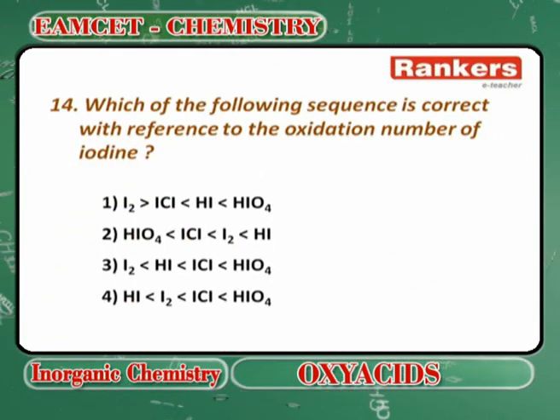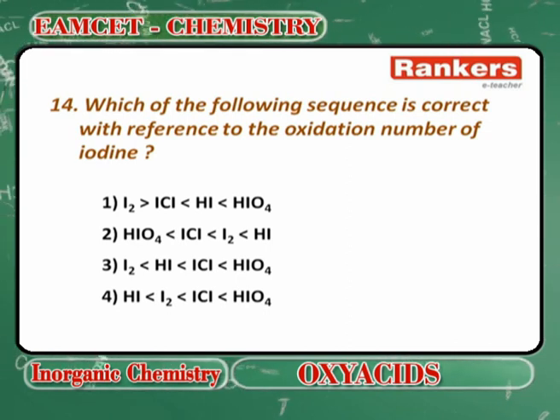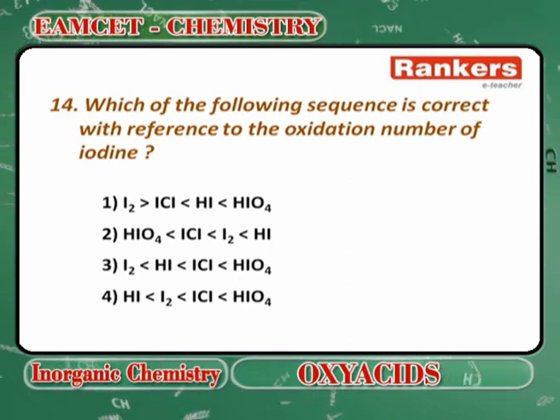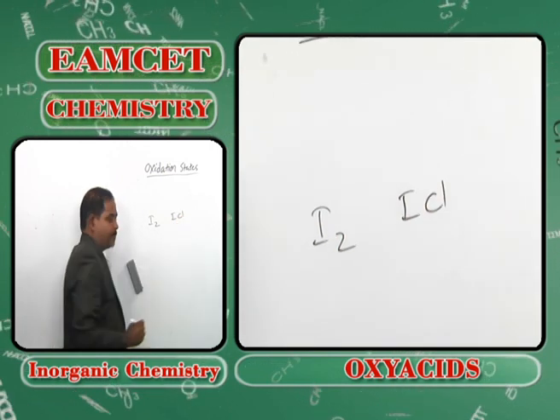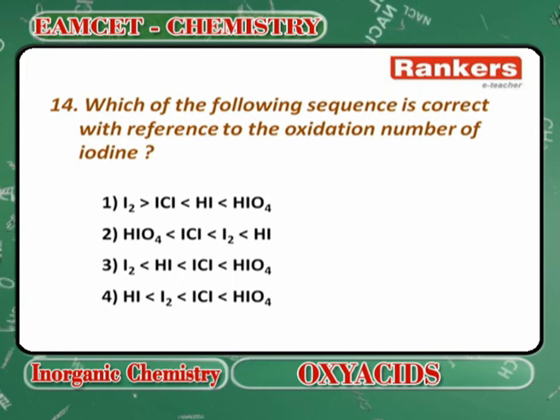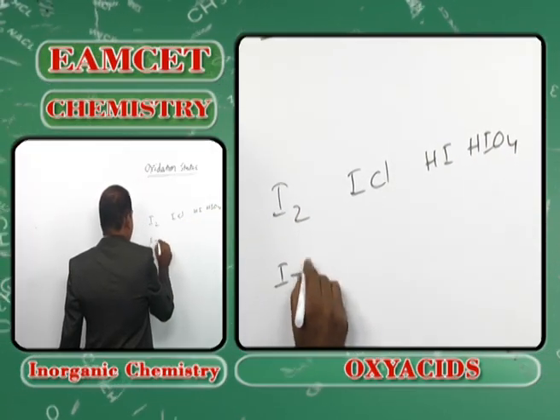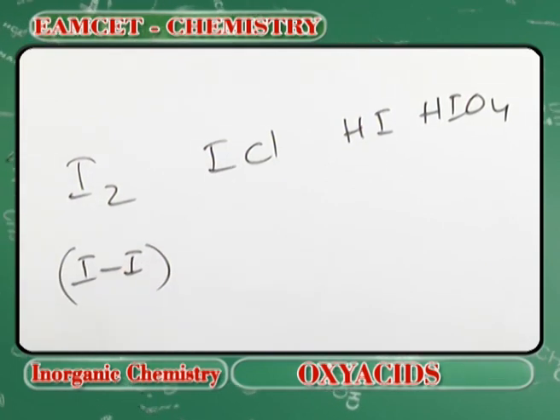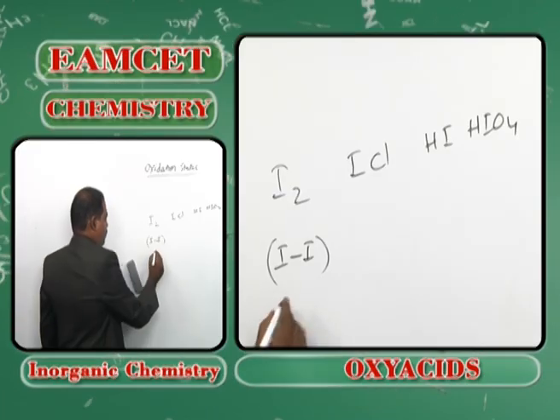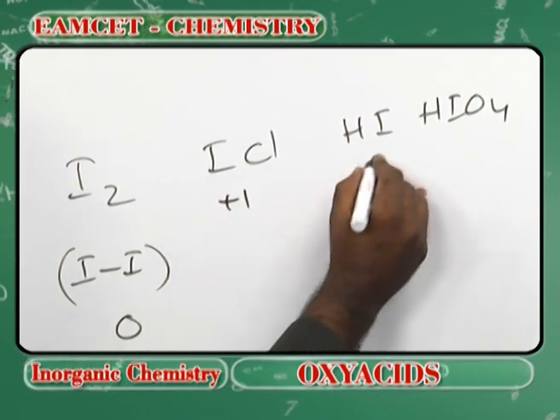Which of the following sequence is correct with reference to the oxidation number of iodine? Once again, a good question. I2, ICl, HI, HIO4 are the options. Let us first arrange. In the I2, I-I bond, who wins this match? Equal opponent, 0. In ICl, chlorine is more electronegative, so iodine is plus 1.